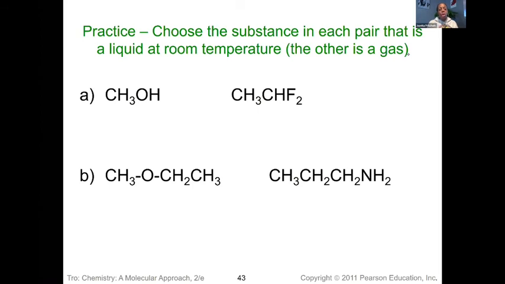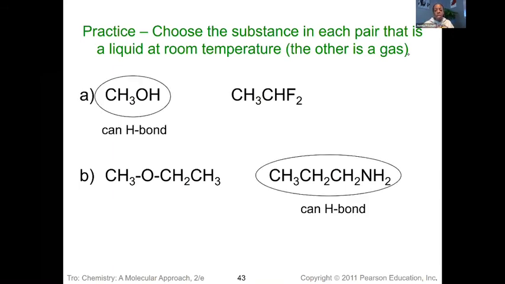And then in letter B, when we look at the one on the left versus the one on the right, again, draw out the structure. We'll see that that hydrogen is not directly connected to that oxygen, but it is directly connected to the nitrogen in the second example. So we would expect that because it can do hydrogen bonding, it would have the ability to be a liquid at room temperature.